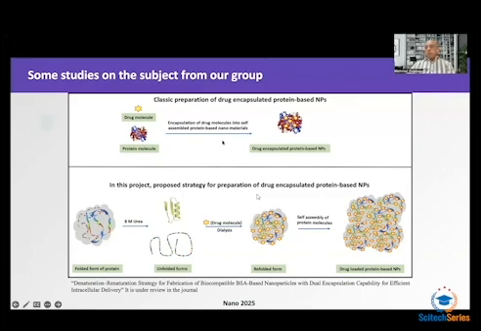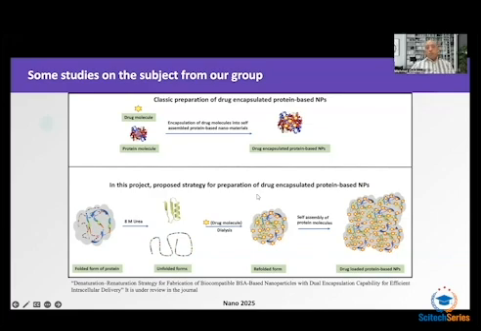Classical nanoparticle formulations are formed by the entrapment of drug molecules. You can see here protein molecules and drug molecules. By entrapment of drug molecules between protein ones, finally nanoparticles are obtained, stabilized by cross-linkers.